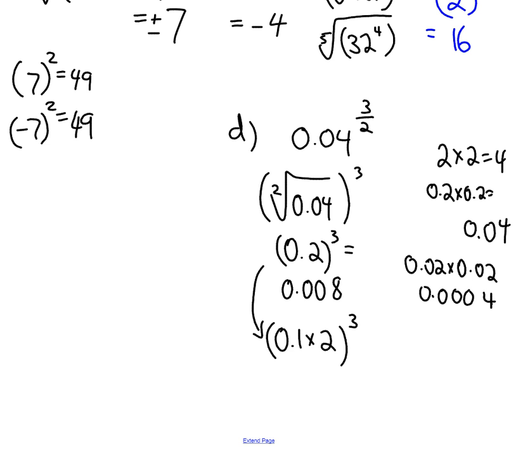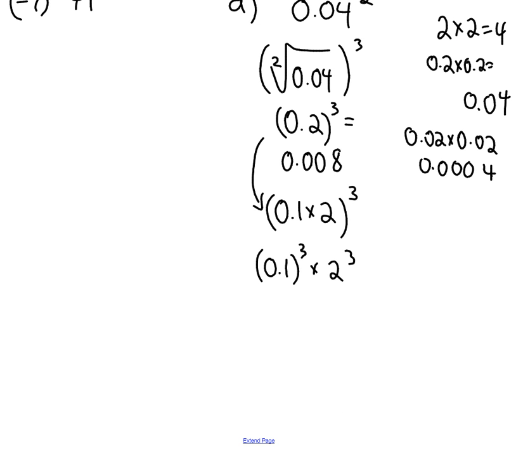If we use power of a product here, we can take the exponent and apply it to both parts of the product. And 0.1 times 0.1 times 0.1 is 0.001. So that shouldn't be too difficult to figure out that that's 0.008. So that would be our answer there.